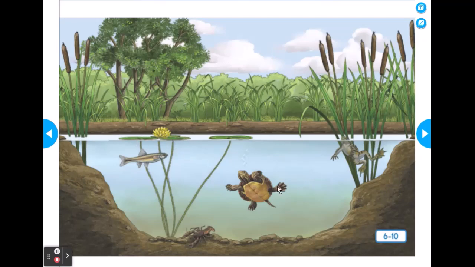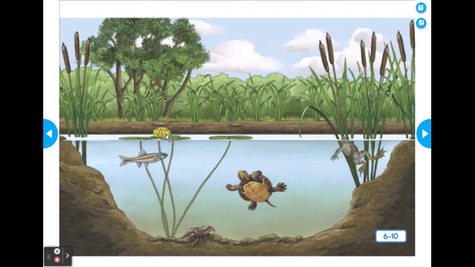Plants need water, sun, air, and nutrients to stay alive. How does this water lily get its nutrients from the soil? Remember, it has this long stem that goes all the way down under the water to the bottom. And it goes into the soil, into the ground down here.